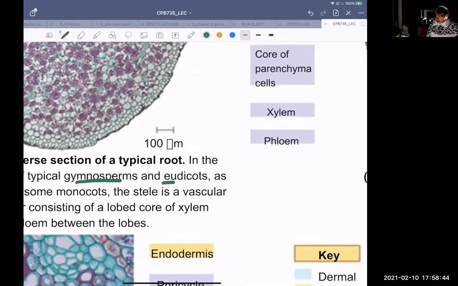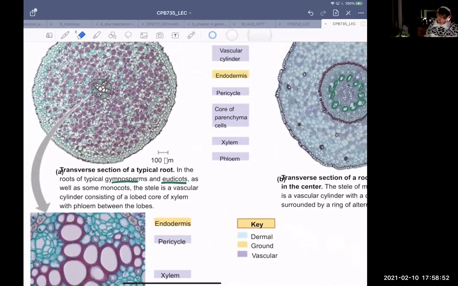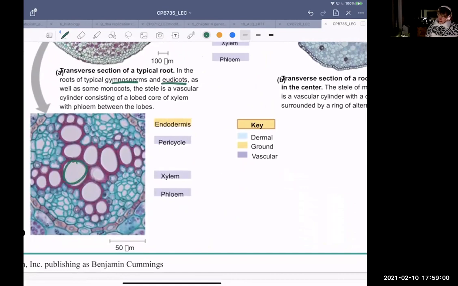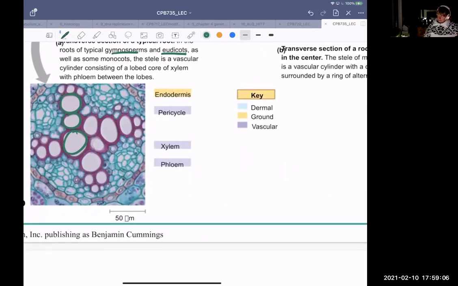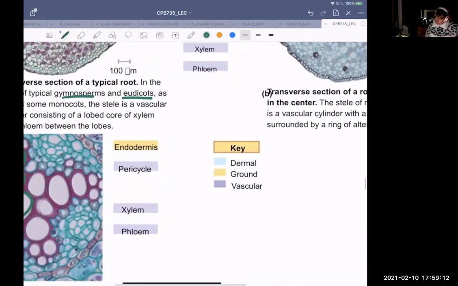Gymnosperms and dicots, sometimes they're known as eudicots, have a cylinder consisting of a lobed core. So in the dicot, the vascular cylinder is in the middle. These are the vessel elements and the tracheids. What's quite interesting is that the lateral roots will grow from tissue on the outside here called pericycle tissue. And this will grow roots out to the side. Grows lateral roots.